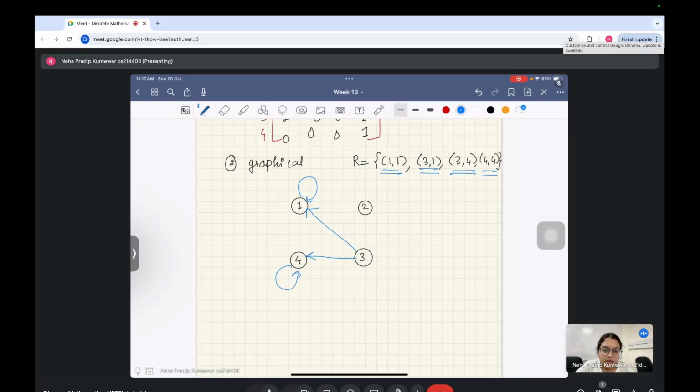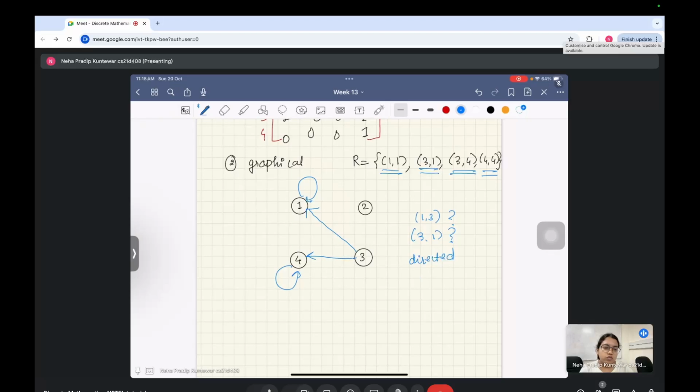So notice that it is important that the edges here are directed, because if I don't draw the direction, I would not be able to differentiate between whether 1 is related to 3 or 3 is related to 1. If the edge were not directed, I can't tell whether it is 1 3 or 3 1, which are two different things. Therefore it is important that the graph is directed.